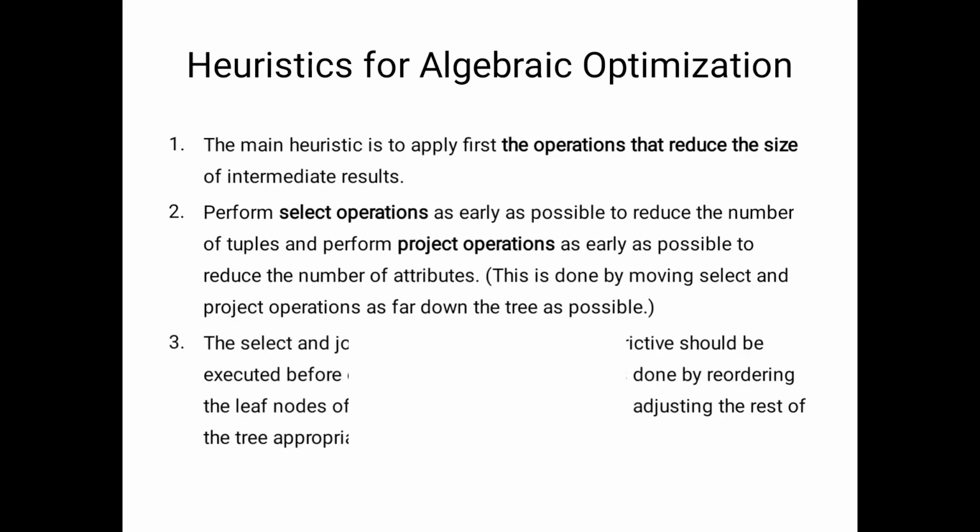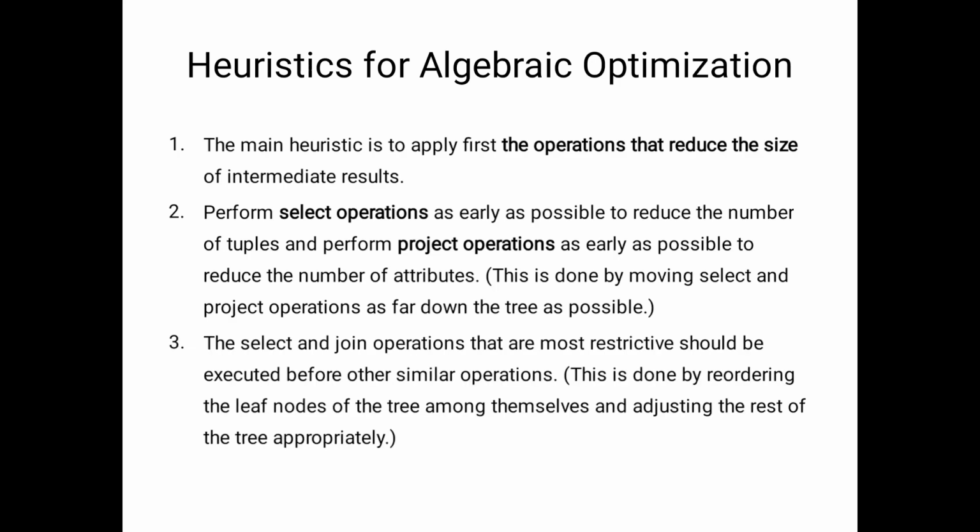So here actually already we have discussed three steps. These 3 points are related to those 3 steps. Okay, so that's why, what are the rules? These 3 are the rules. So what are the heuristics for algebraic optimization?